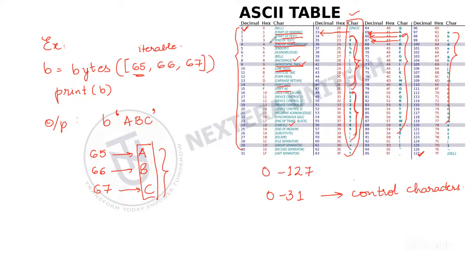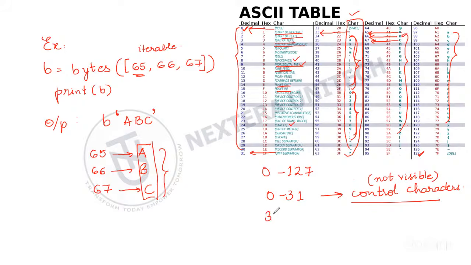These are some operations. When you print them, most of them are not visible. These control characters are assigned values from 0 to 31.